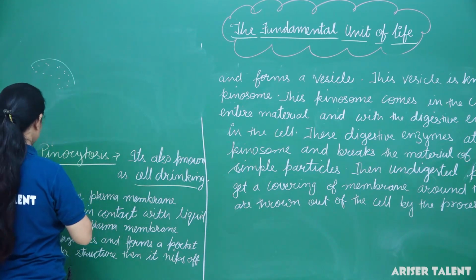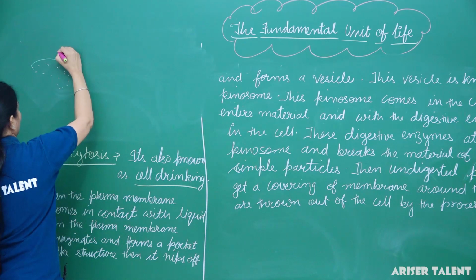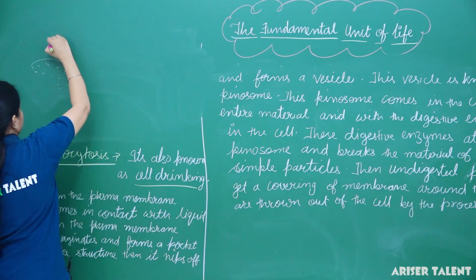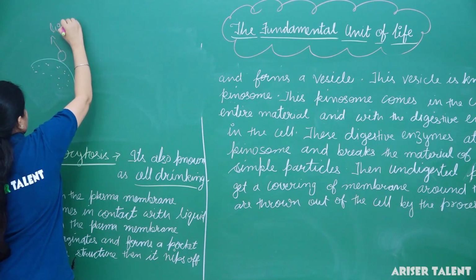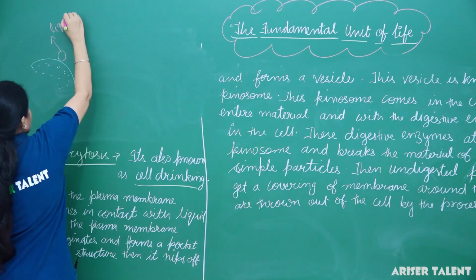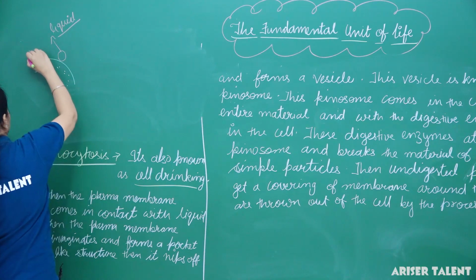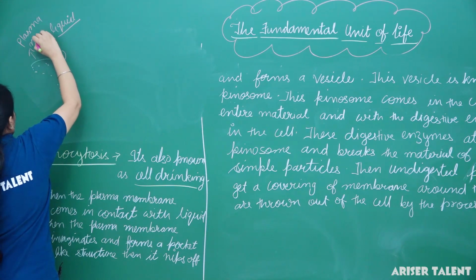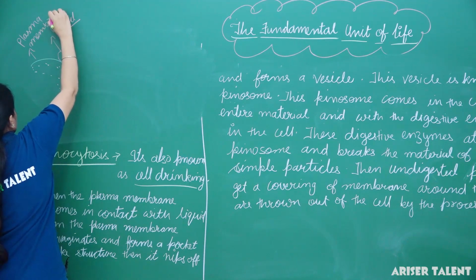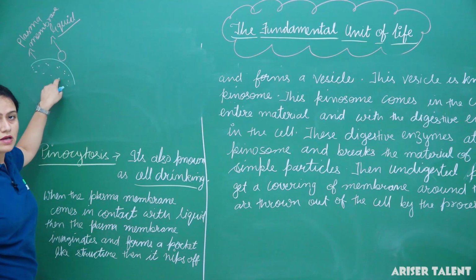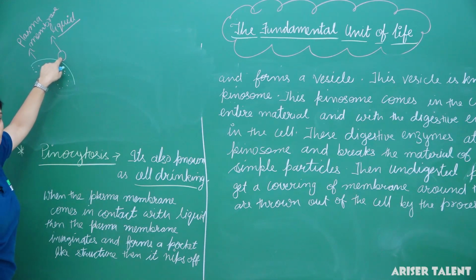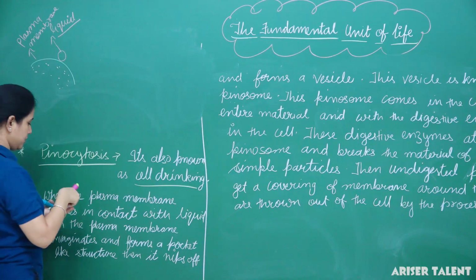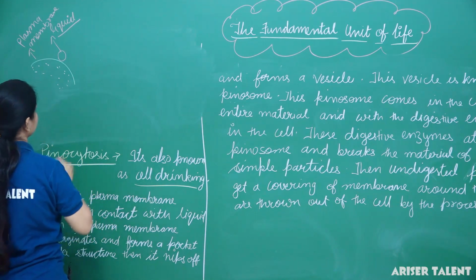When it comes in contact with the liquid, this is liquid, and this is the plasma membrane. When this plasma membrane comes in contact with the liquid, what happens? The plasma membrane invaginates.